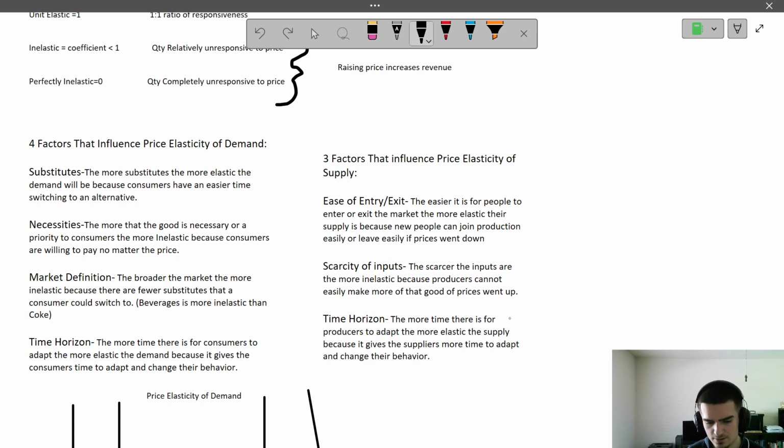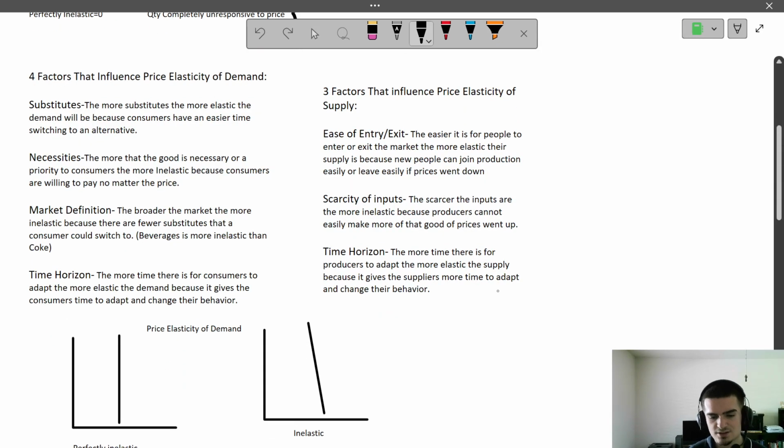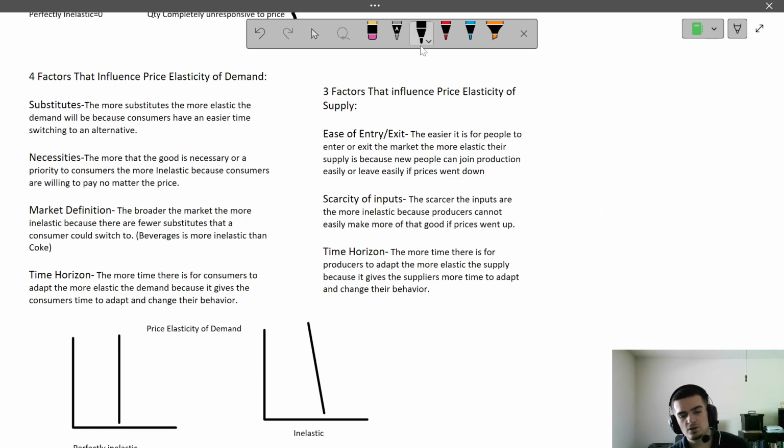Next is scarcity of inputs. The scarcer the inputs are, the more inelastic the supply, because products cannot easily be made. Wow, I worded that really badly. Because producers cannot easily make more of that good if prices went up. So think of land, or real estate.